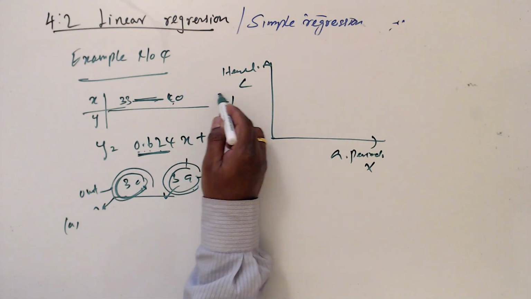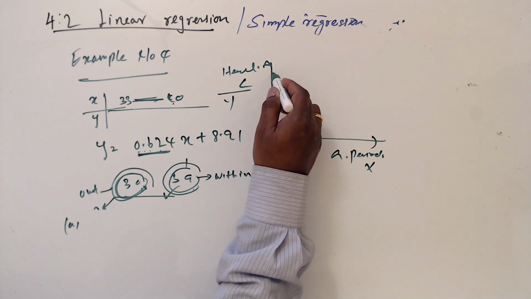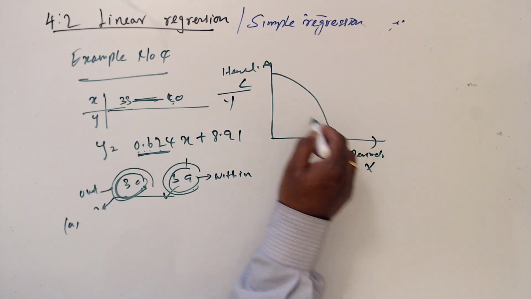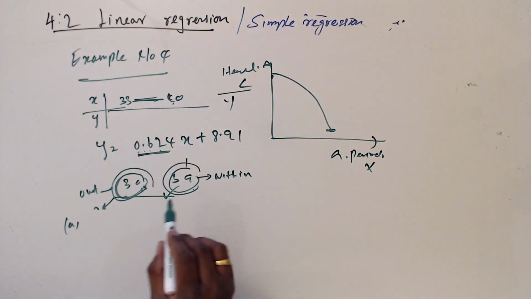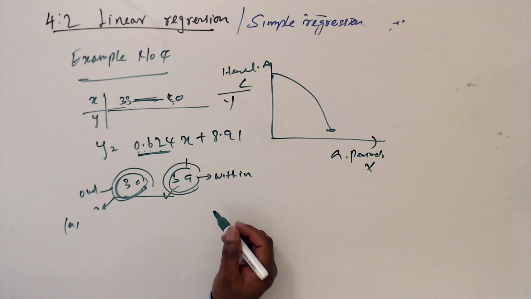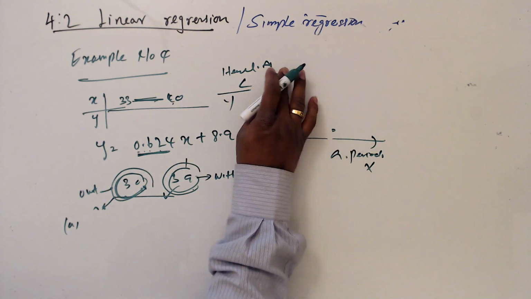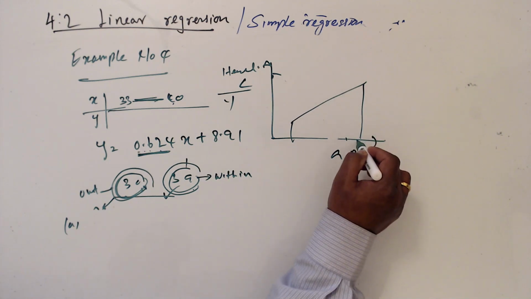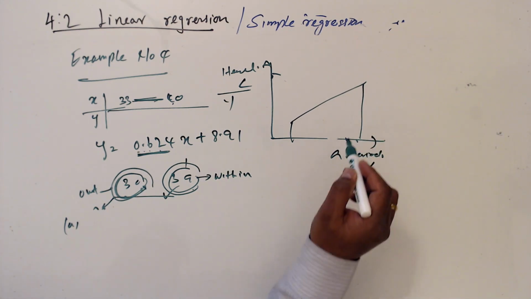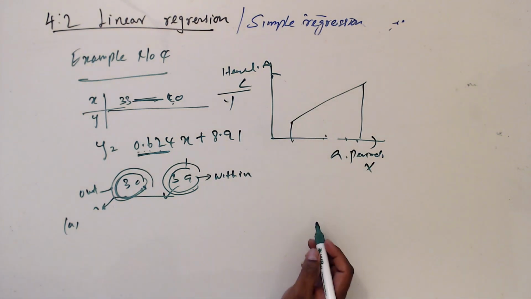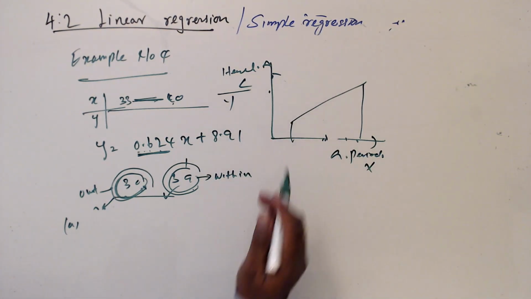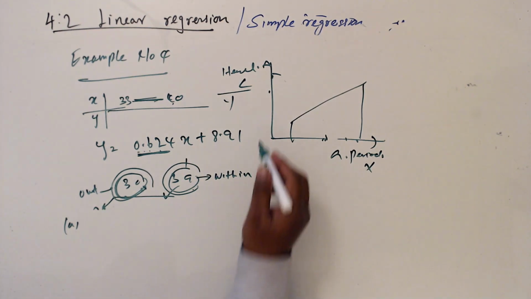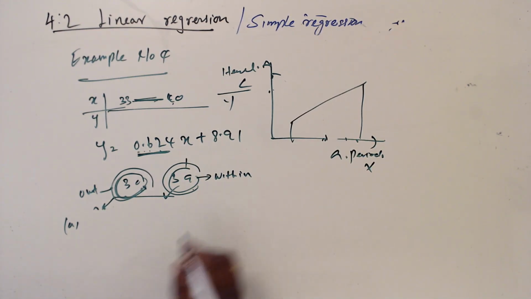So the nurse is trying to predict an independent value using the dependent variable, which is not appropriate for the regression line. We use the regression line to estimate the dependent value: using an independent value we estimate a dependent value, not vice versa.